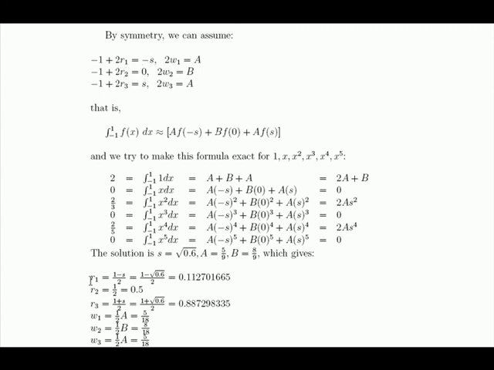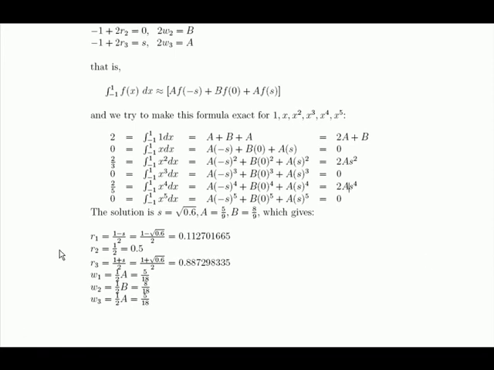R3 will be (1 plus s) over 2, and so forth. So we get these values for the sample points, and the weights are just half of the a, b, and a. So 5/18, 8/18, and 5/18. So in fact, we were able to solve the 6 equations and 6 unknowns.